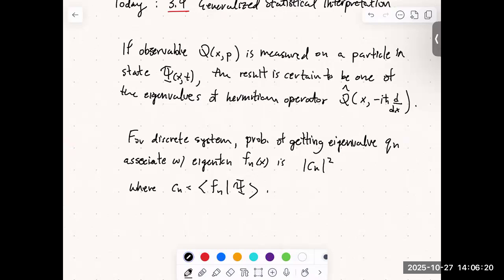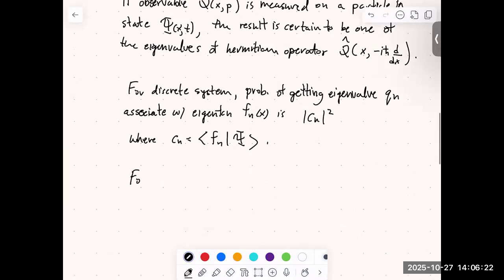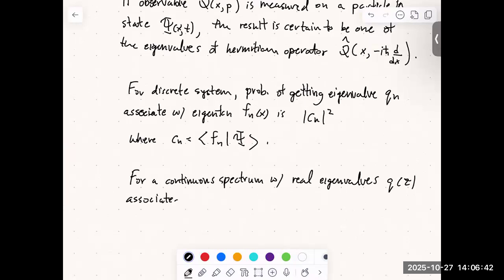Okay, now for a continuous spectrum with real eigenvalues, Qz, same language, associated with eigenfunction Fz.